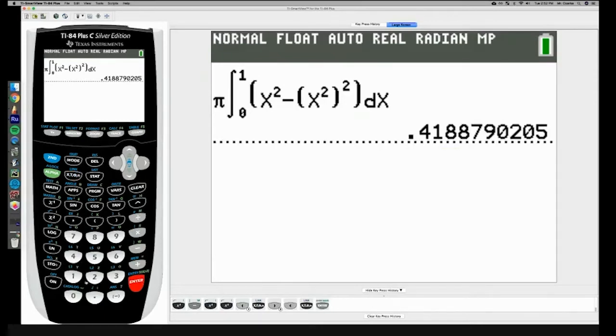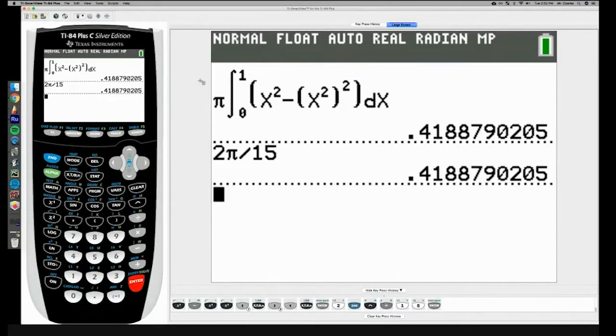Basically, if we run it to 3 decimal places, that should be equal to 2 pi over 15. Boom, cool.